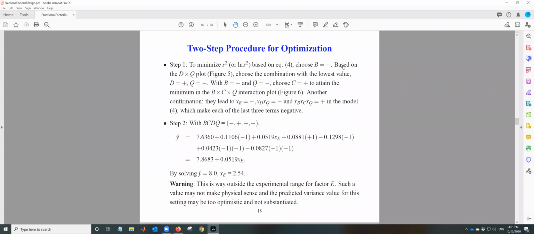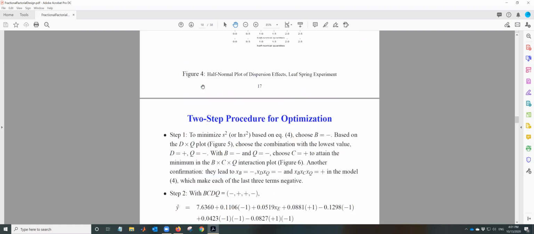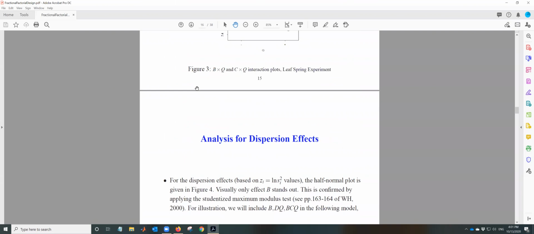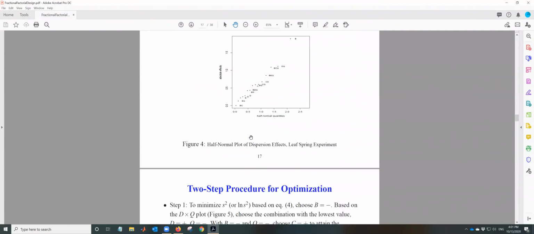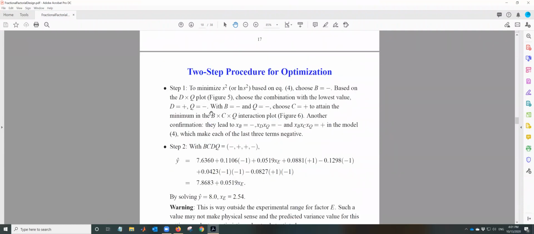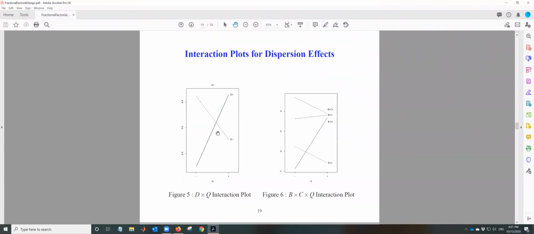So B equals to minus. Based on the DQ plot, we choose the combination with the lowest value. So DQ should be multiplied together. It should be negative. This is a CQ. So if you plot the DQ, you will be able to see, oh, here is DQ.